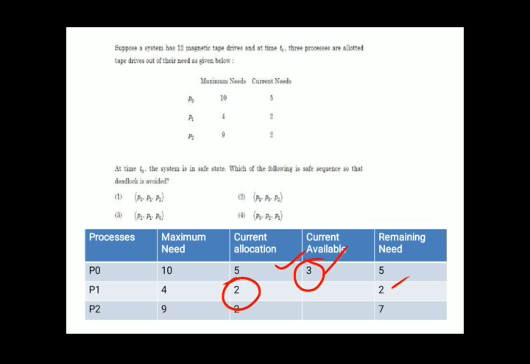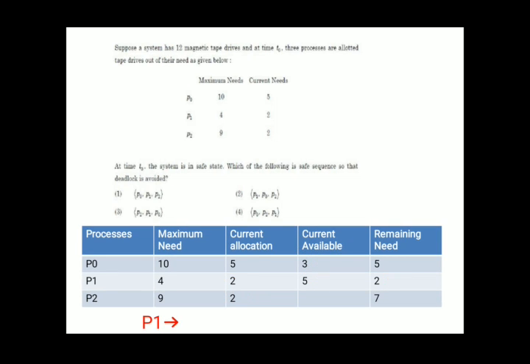So P1 releases all its resources: 3 plus 2, it releases 5 resources, and the available resources are now 5. P1 already finished its work, so it finished its execution.